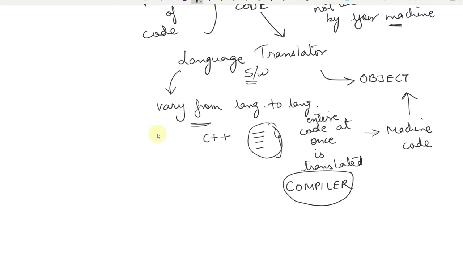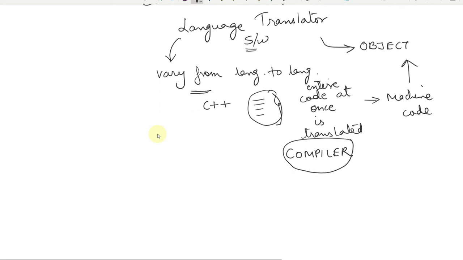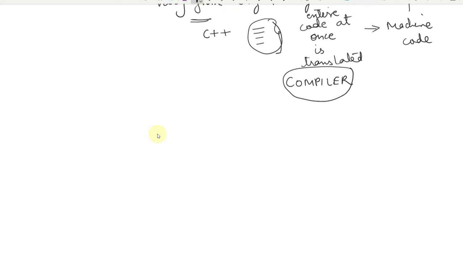Coming on to another example, let's say we have another language, say Python. Python is a language in which again you write the code one after the other, but this time Python uses an interpreter. This is also a language translator. Now, what does this interpreter do?